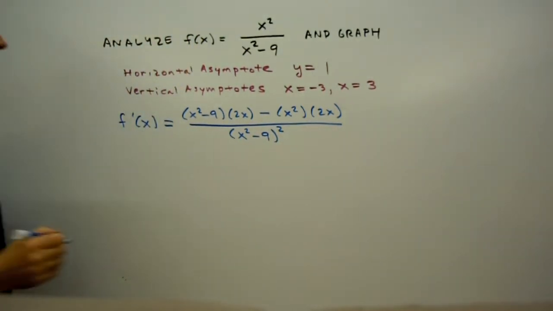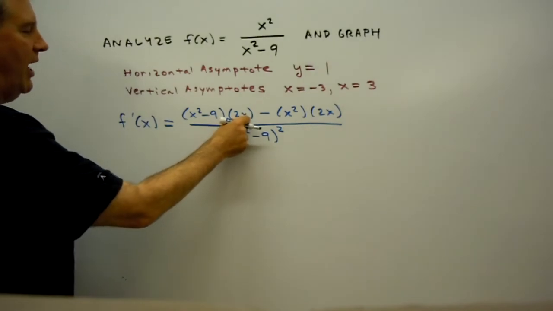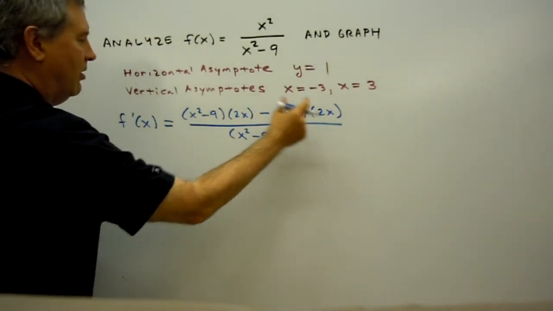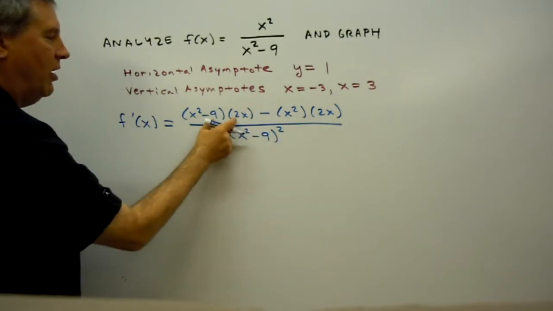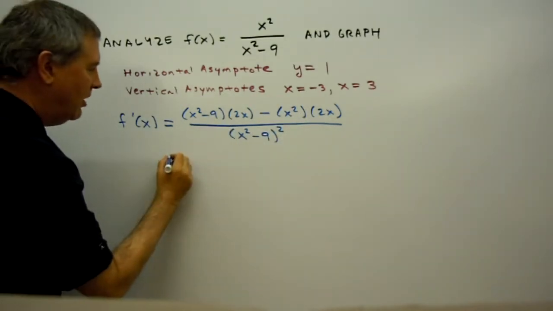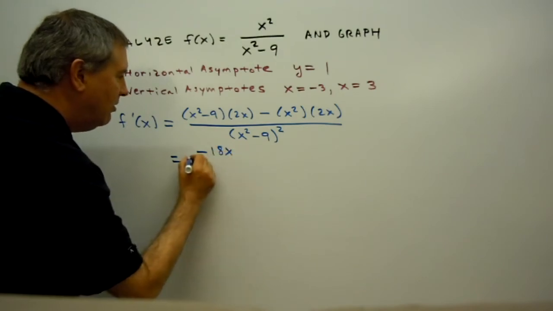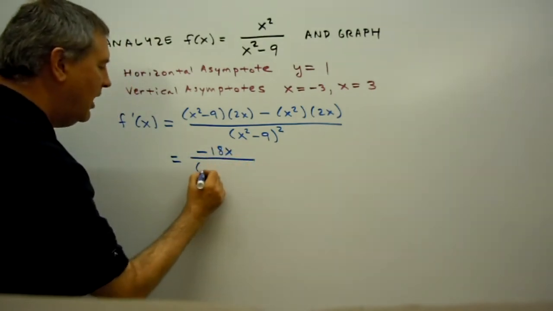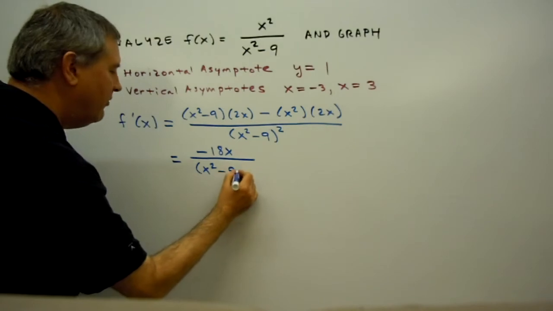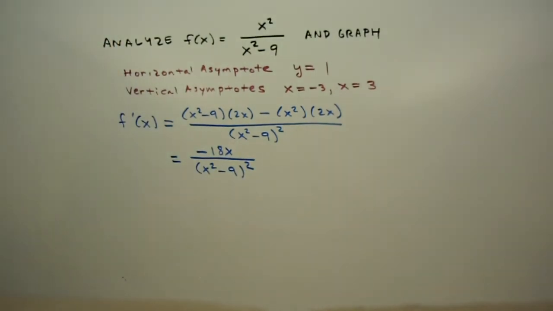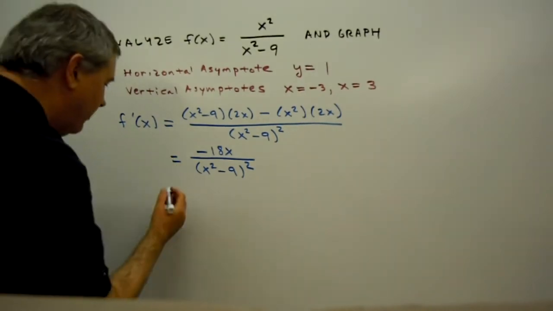What happens here is if we were to multiply this out, we have 2x to the third minus 2x to the third. That's going to be equal to 0, and all we're left with is, on the top, a negative 18x over x squared minus 9 squared.